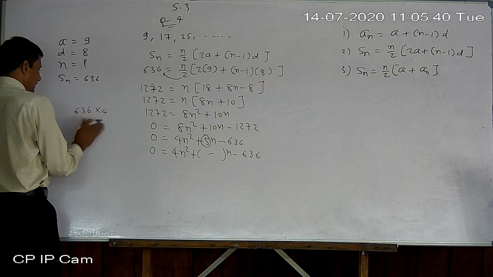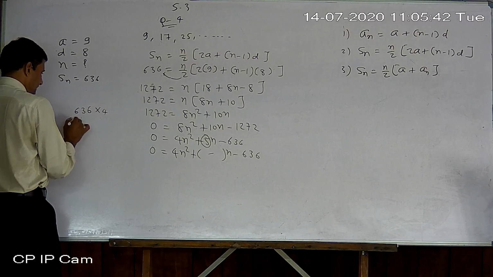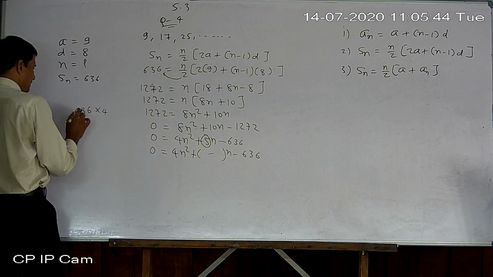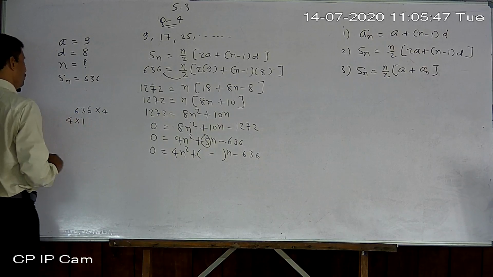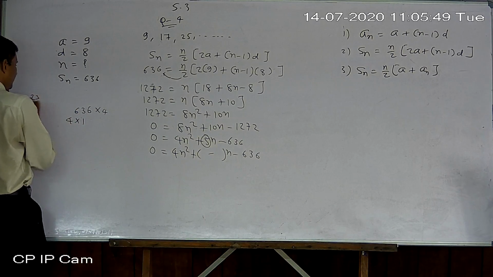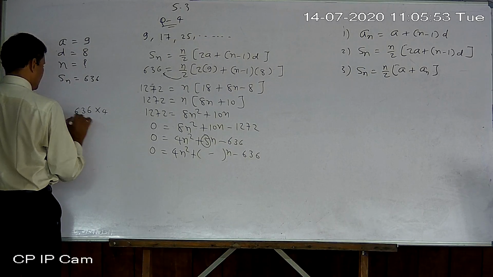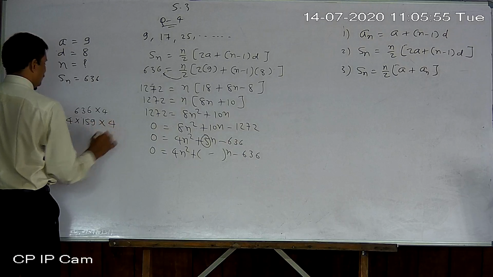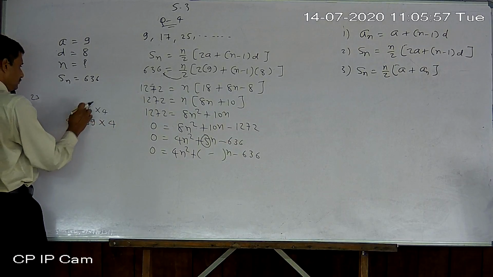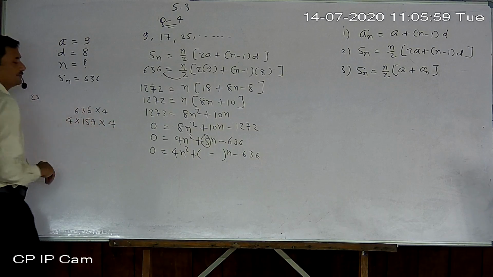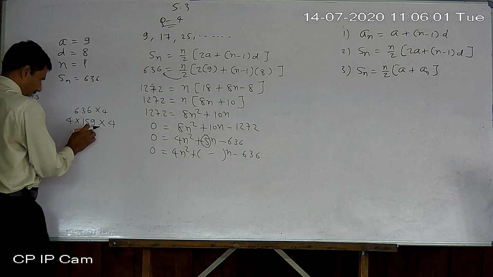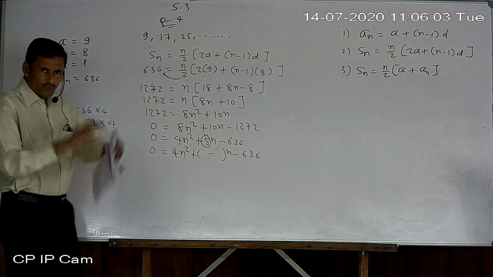So now can I factorize by 4? Actually it is 4 times something. Then 9 into 4 is 36, 3 times 4 is 12, plus 3 is 15, and 1 6. Now again, try to factorize more and more.